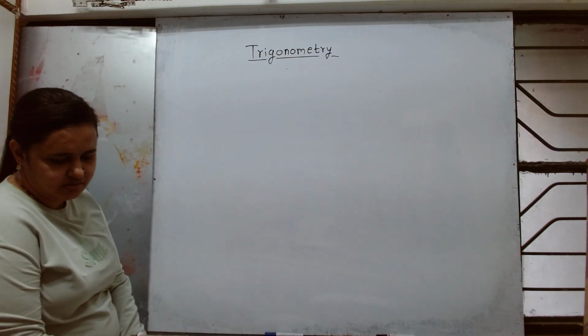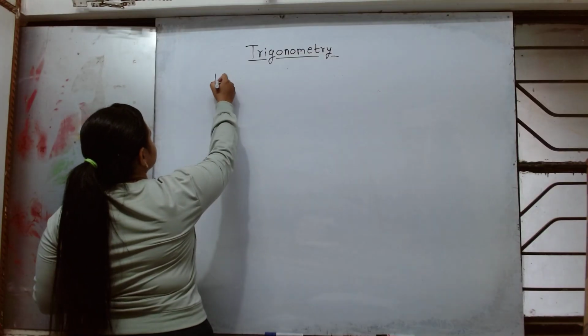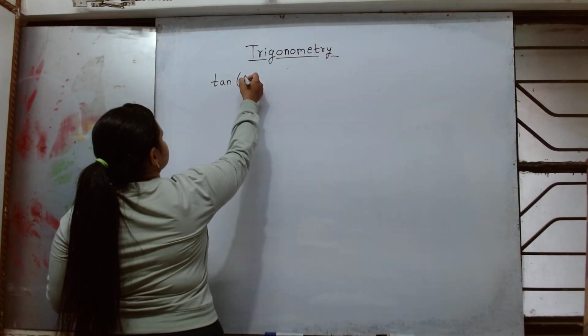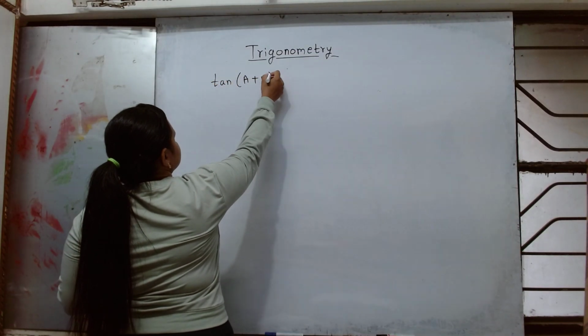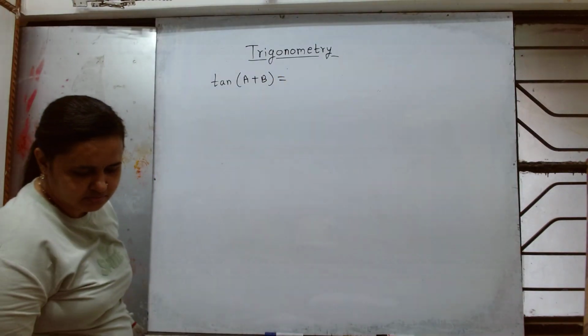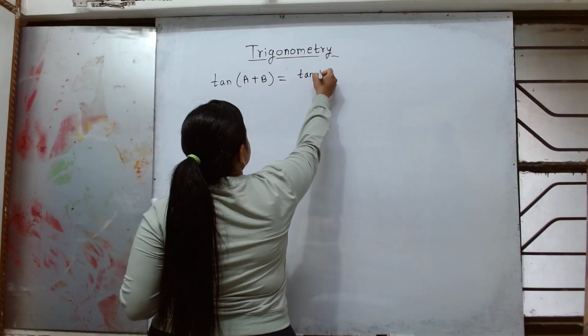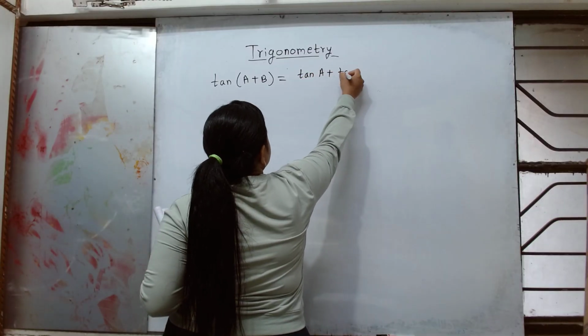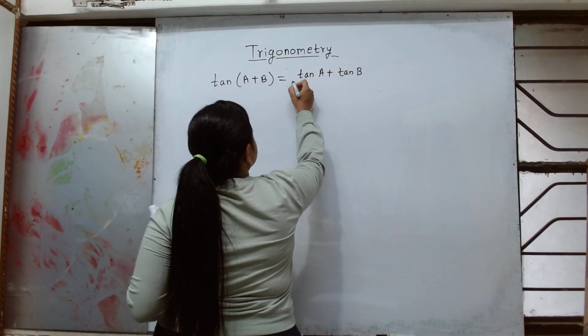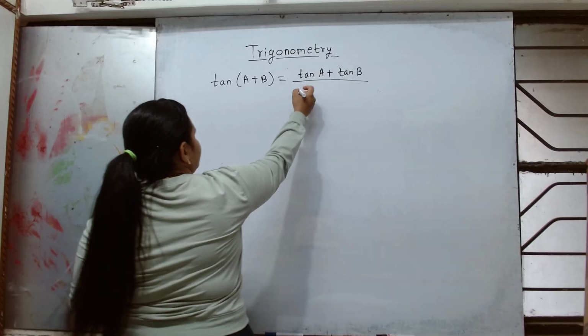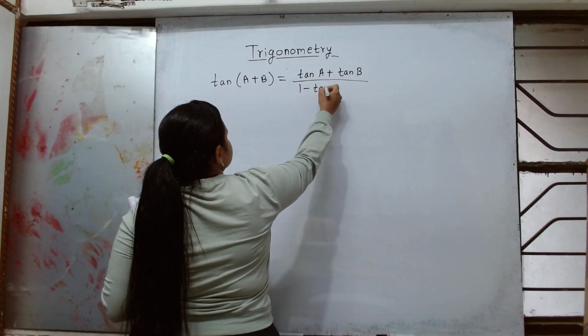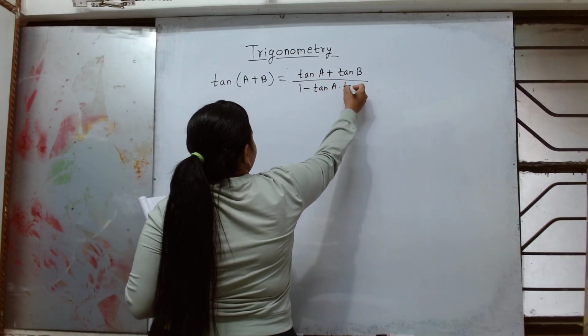Now next ones, tan of a plus b is tan a plus tan b upon 1 minus tan a into tan b.